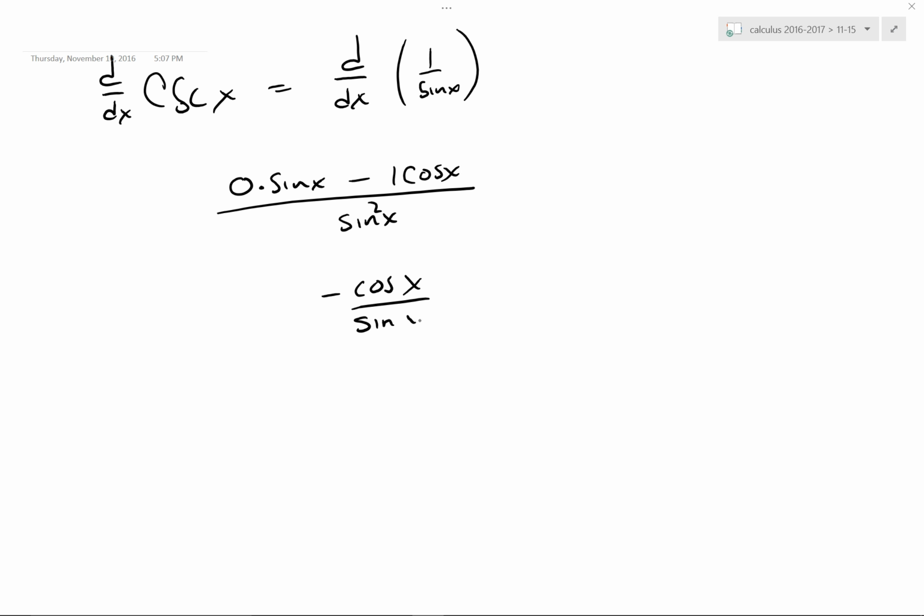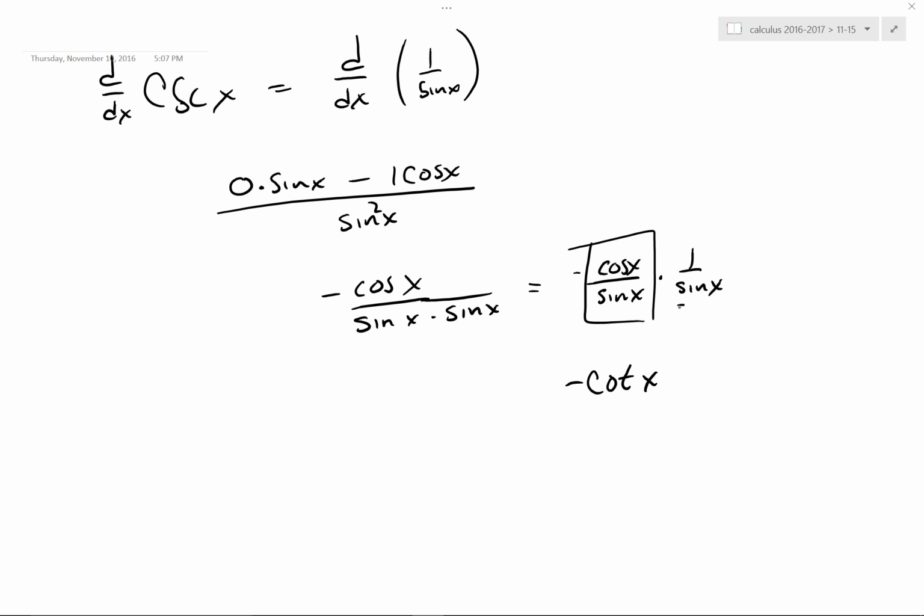And I'm going to write it like this for a reason, which I can break into two pieces and write this way times this guy. This right here is cotangent, so negative cotangent, and that right there is cosecant. So the derivative of these guys is negative, and the big kids usually write negative cosecant cotangent, but it works either way.